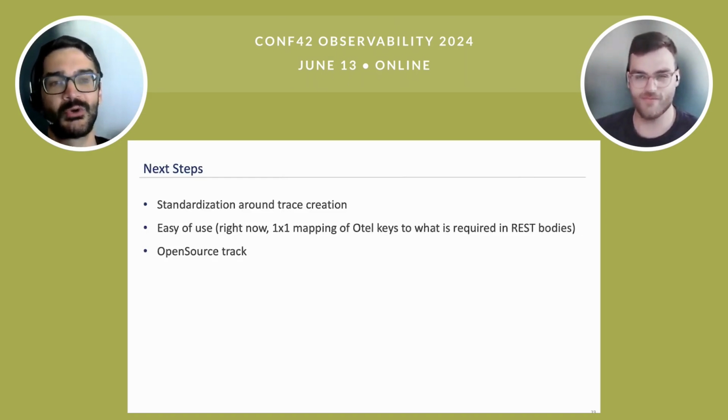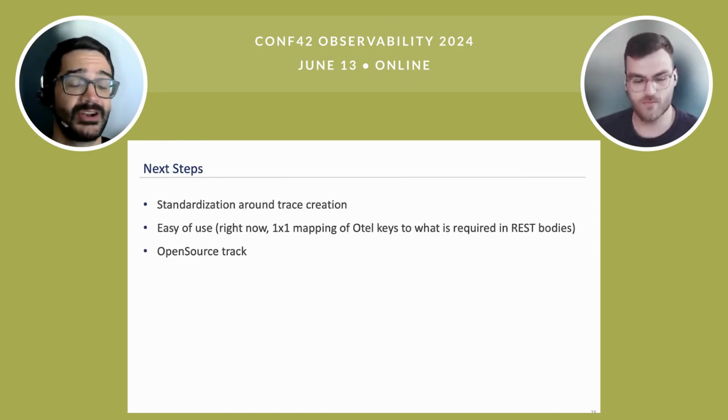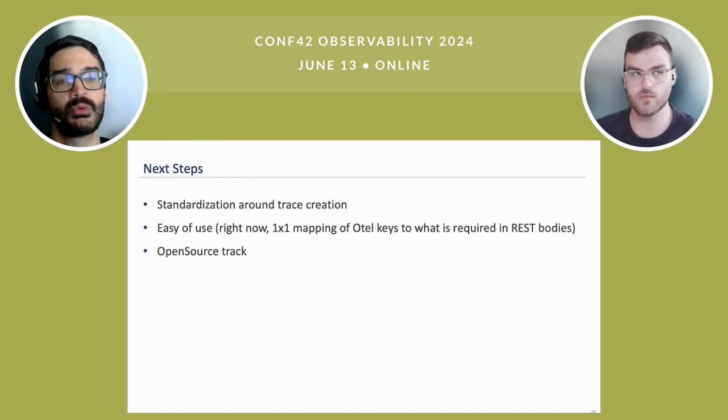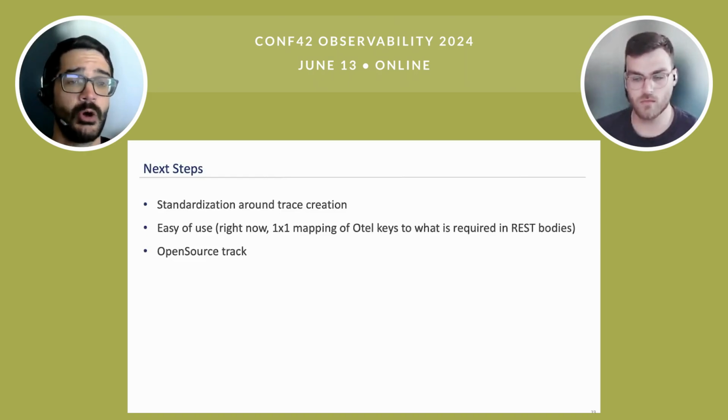We don't need to go into our APM and have a million different attributes because we didn't standardize on what we were going to do. And then finally, we're looking at open sourcing our tooling. We're going to be working with our organization and hopefully bring this out to everyone so that you can use it and hopefully you can help us out by adding on new use cases.